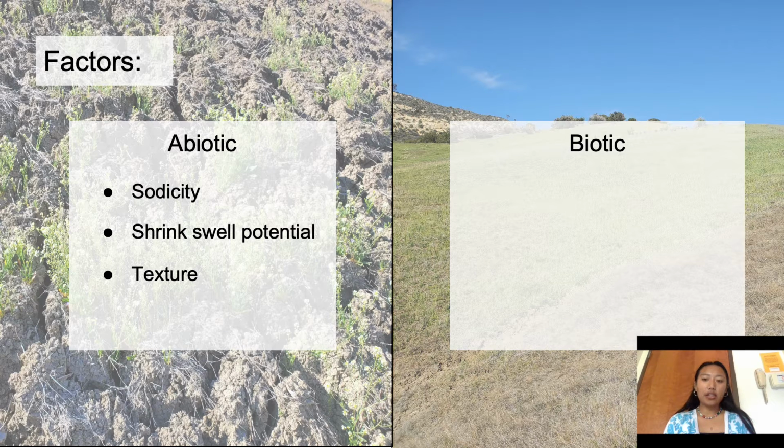And soil texture, since these species all grow in soils that are very high in clay content. The biotic factor we addressed was competition, specifically in the form of the invasive annual grass Bromus madridensis.